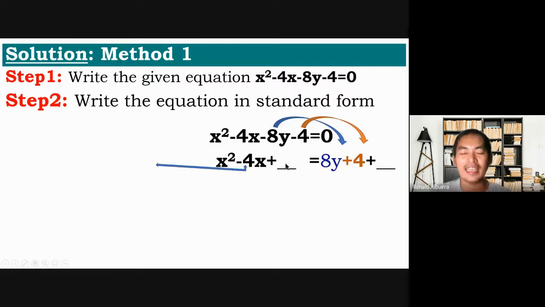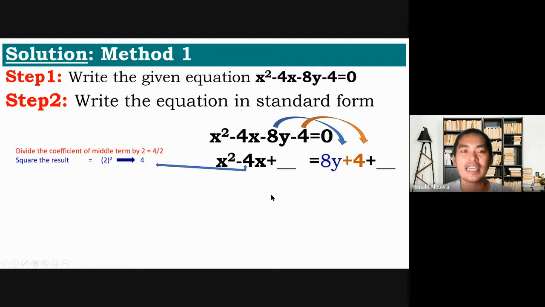The process for what we substitute in the blank is this. Get the coefficient of the middle term and always divide it by 2. Remember, first step, get the coefficient of the middle term and always divide it by 2. So it is 4 over 2 or 2. Lowest term of 4 over 2 is 2.